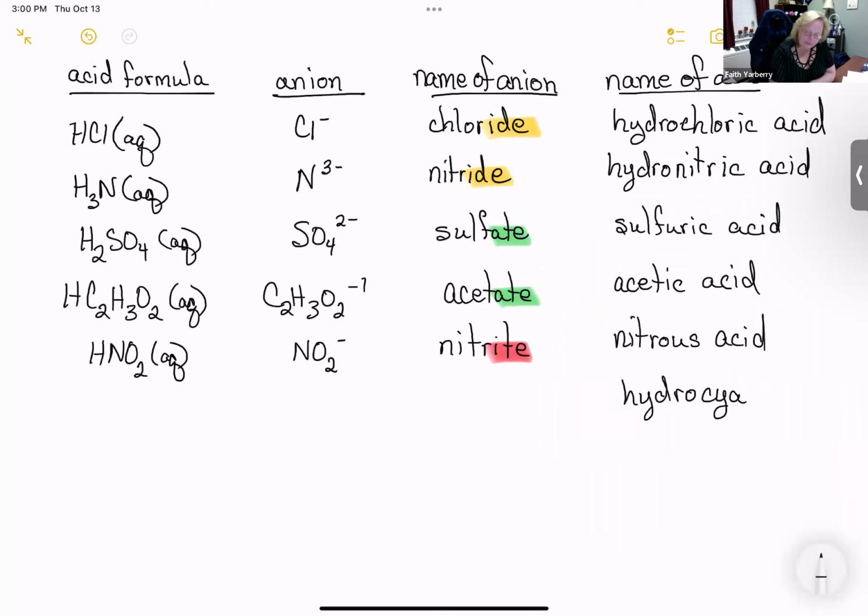Cyanide is the polyatomic ion CN minus. And as far as the formula is concerned, it's going to have the same number of hydrogens as the magnitude of the charge. So this will have 1 hydrogen. And then we'll include the aqueous.